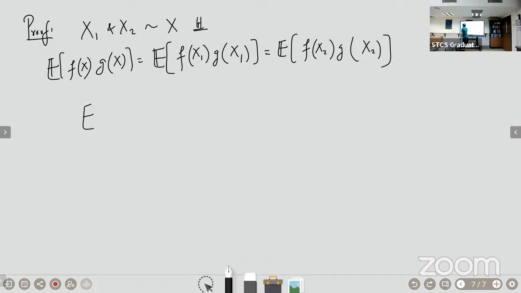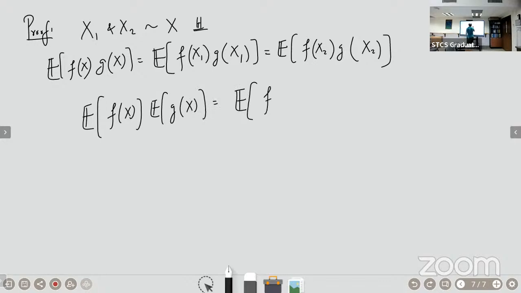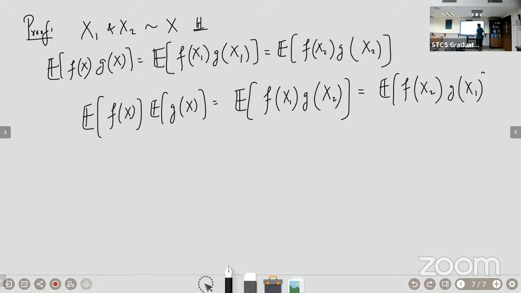So let me write the expected value of X. X1 and X2 are independent, so I can write this. This is also true in the other direction. Now we're essentially good to go.